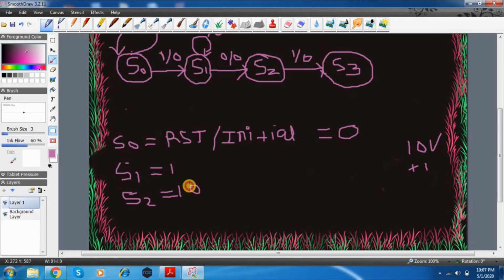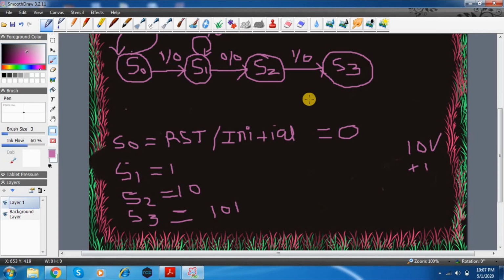Same as to reach S3, the sequence detected is 1 0 1. So 1 0 1 is held by S3.